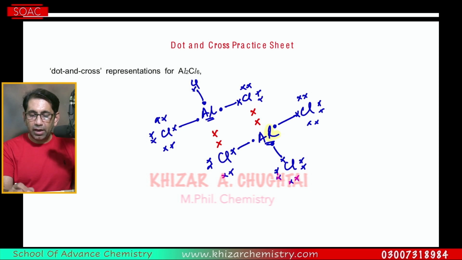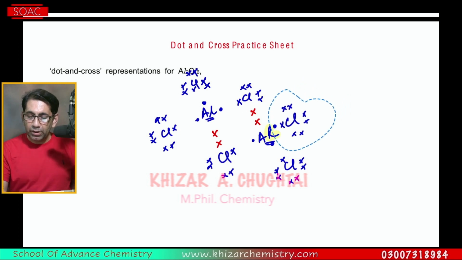And here 7. 1, 2, 3, 4, and 5, 6, 7. Now the last step is, as you have completed the octets, I'm going to remove these lines. Those are called bonds. I'm removing these lines, these bonds, and here is the dot and cross diagram.